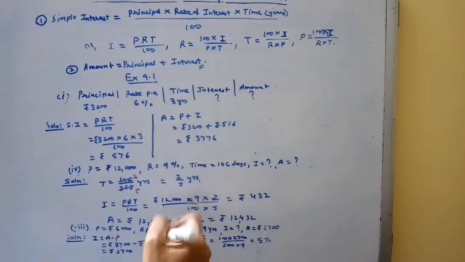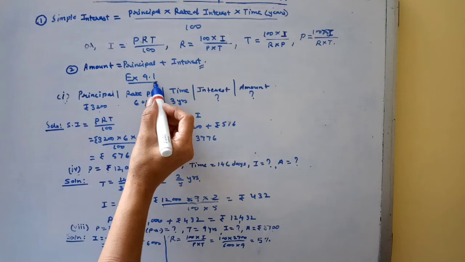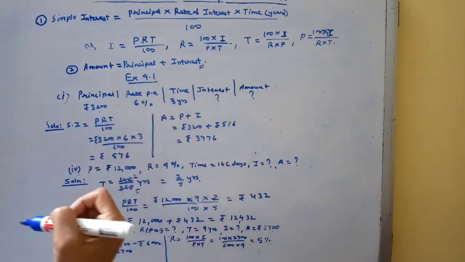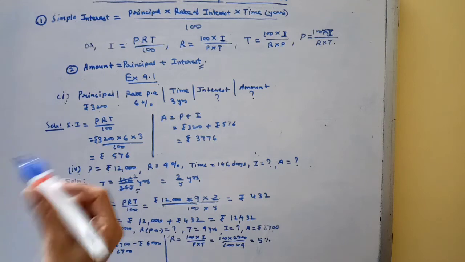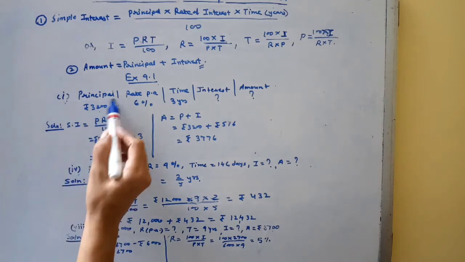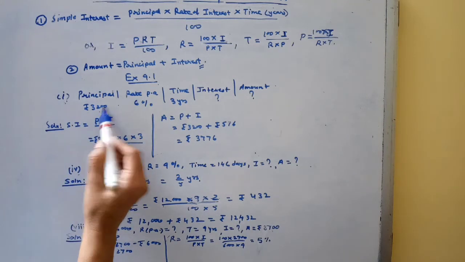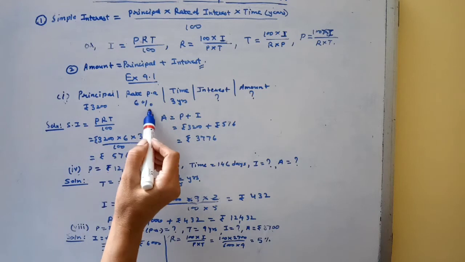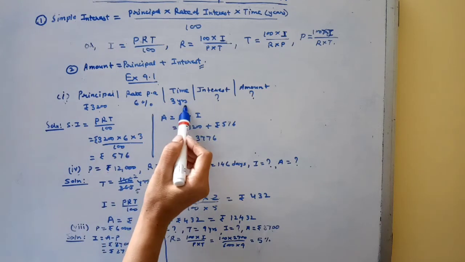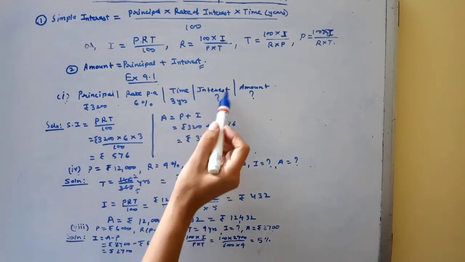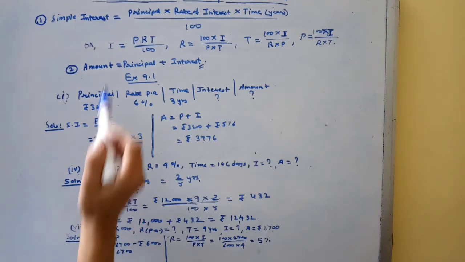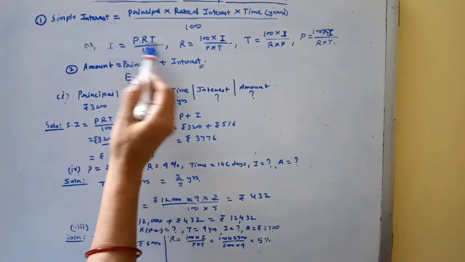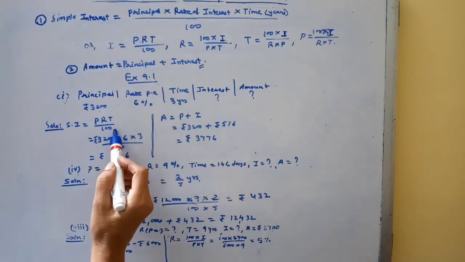Now we do some examples from exercise 9.1. See question number 1, filling the missing entries. First sum: principal is given rupees 3200, rate per annum is 6%, time is 3 years. Calculate interest and amount. Using the formula, interest is equal to PRT upon 100.